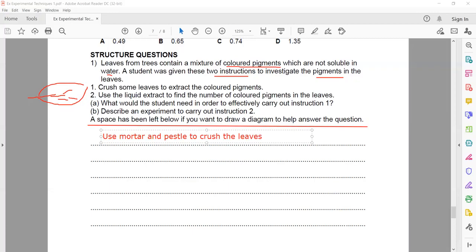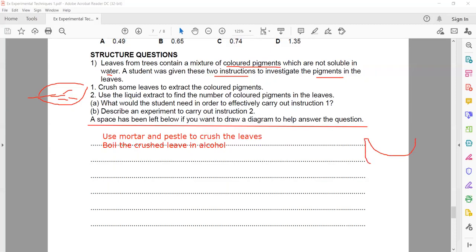So if we want to extract the color, we can boil the leaves in alcohol. Why alcohol? Because they mention it is not water soluble. So first we crush the leaves using a mortar and pestle, and then we will filter.